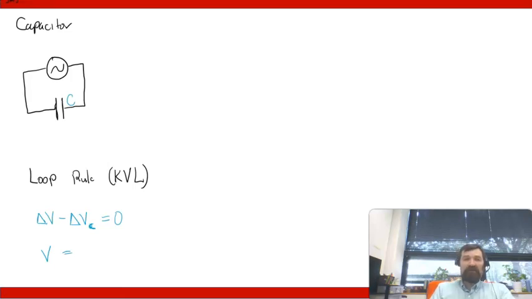So recall that for a capacitor, the charge stored by the capacitor is equal to the capacitance times the voltage drop across the capacitor, or in other words, the voltage drop across the capacitor is the charge stored divided by the capacitance.